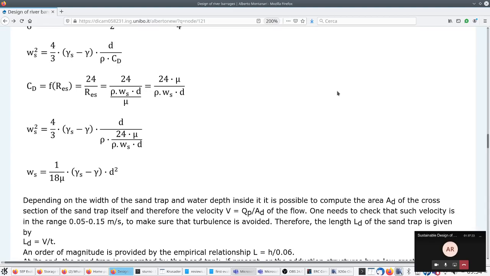So if you fixed this depth of 50 centimeters, then you know the time that is required for a particle that is starting from the water surface to reach the ground. This is easy. You divide the 50 centimeters by Ws, by the velocity of sedimentation, and then you get it.